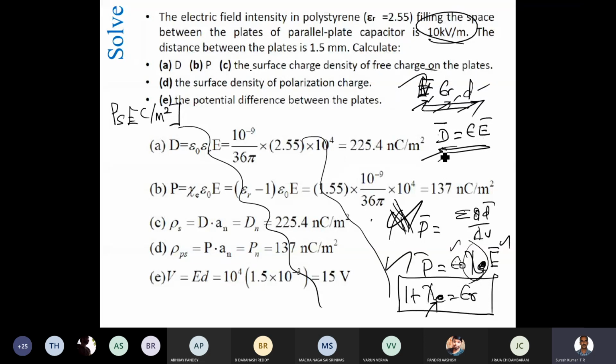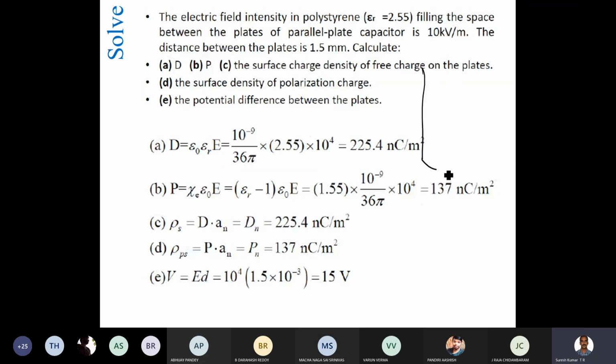Usually in the problems there are a lot of subsections, right? The higher subsections will depend totally on the values you calculate in the lower sections. So here I have already calculated the D vector. The D vector unit is coulomb per square meter. So I will clean this page and write here: D vector is known. See this, we have not at all discussed how to calculate rho s from the D vector.